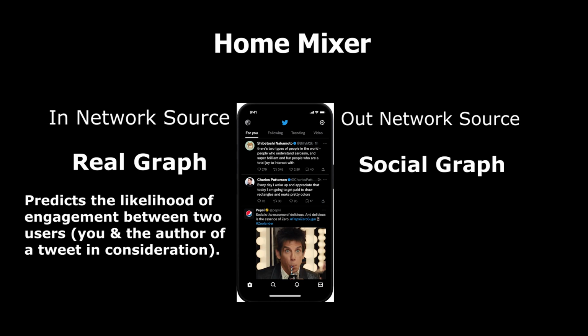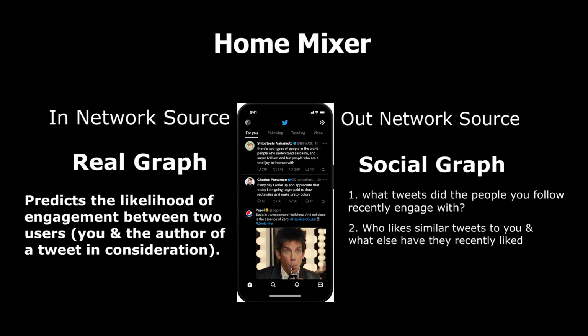So this source tries to traverse the graph of engagement, and as it traverses this graph of engagement, it tries to answer two questions. The first question is, what tweets did the people you follow recently engage with? And the second is, who likes similar tweets to you, and what else have they recently liked? This is heavily dependent on graph processing, right?